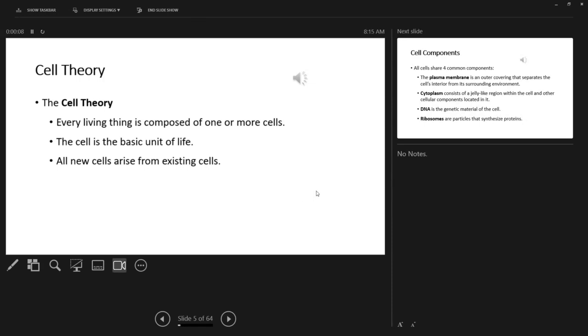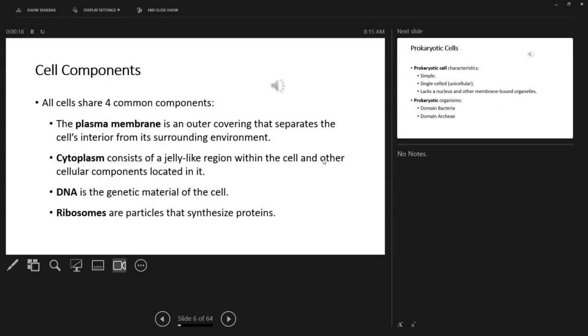Yeah, okay, the so-called cell theory: every living organism is made up of cells. There are four parts that almost every cell has. There are exceptions to even this, but every cell is covered by a plasma membrane, sometimes called the cell membrane.